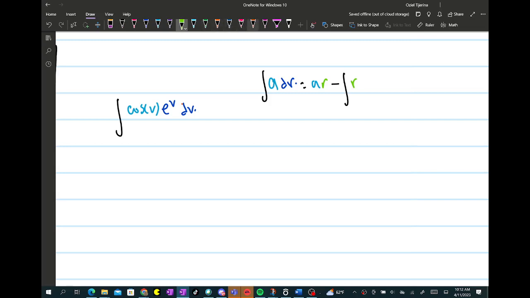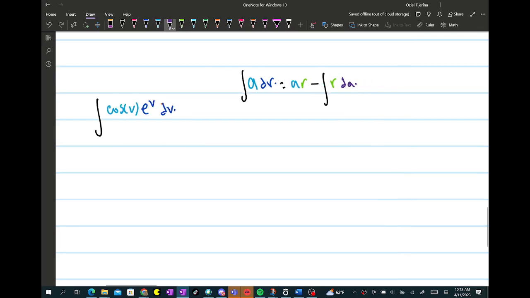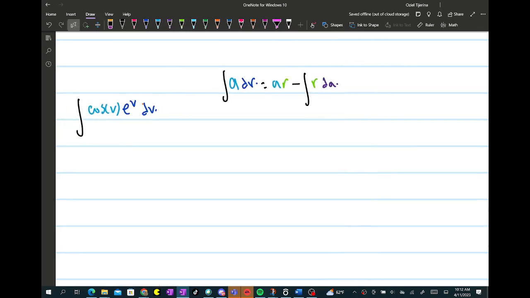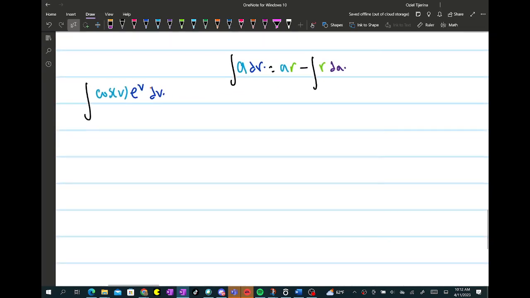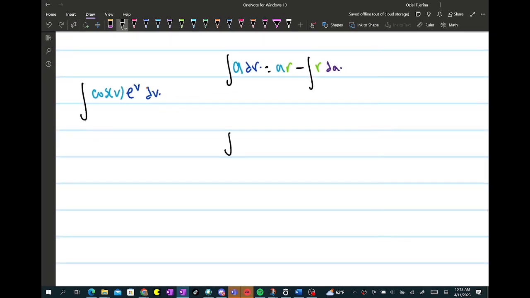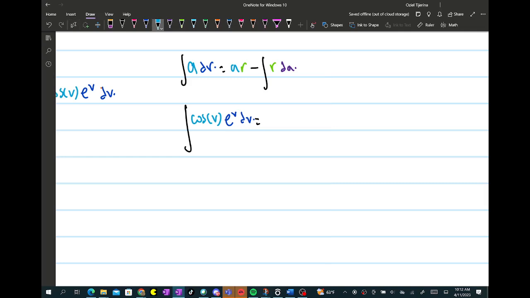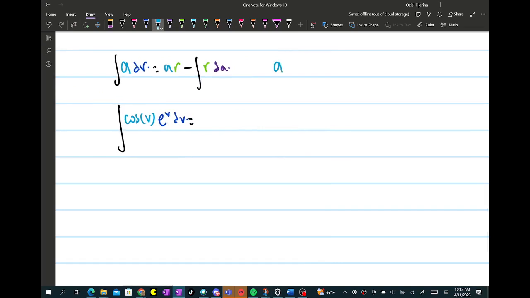So the integral of cosine of v e to the v dv is equal to AR, where A is cosine of v, and dr is e to the v dv.